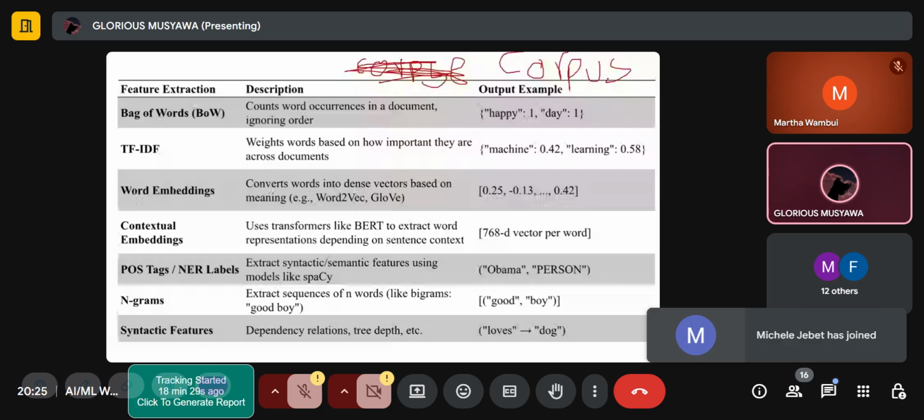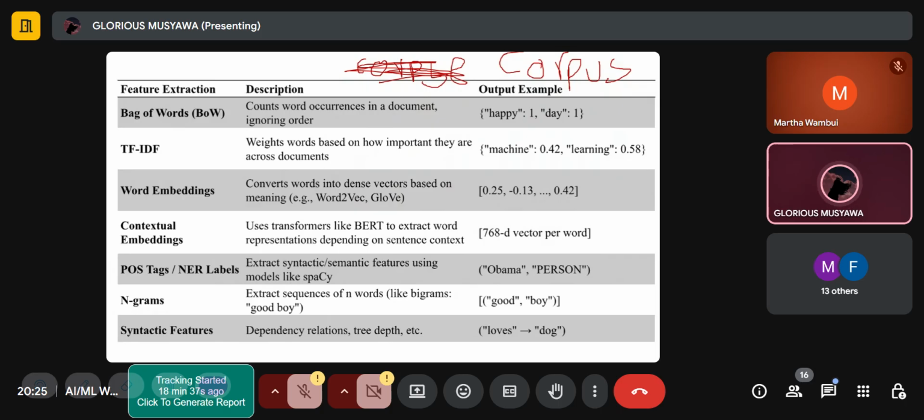I have a text, or just words, maybe a book, maybe just information. Yeah, information. So bag of words is counting the occurrence of a word in that corpus, in that information. So how many times does this word appear? Yeah. So we talked about term frequency, inverse document frequency, IDF.